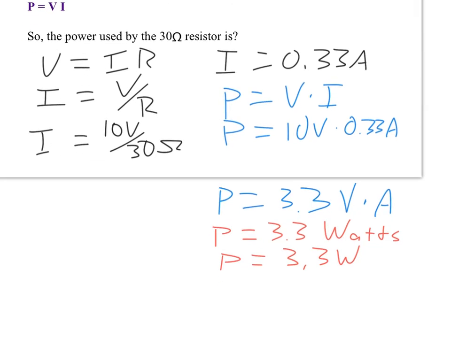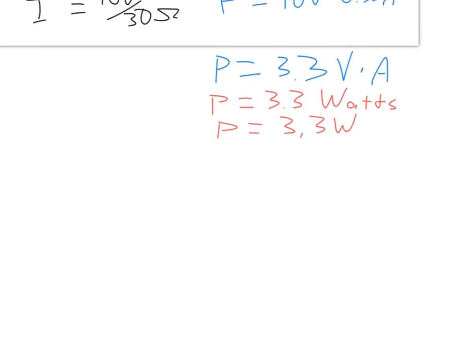Just as a little bit of an aside, if I take the volt amp and expand that out, so volt times amps. If you remember from before, a volt is equivalent to a joule per coulomb, and an amp is equivalent to a coulomb per second.